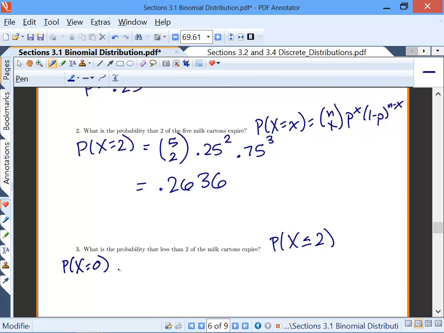So the probability for x equals 0, well I say, okay, I have 5 milk cartons. I need to choose 0 of them. The probability of expiring is 0.25, and how many do I want to expire? 0. Probability of not expiring is 0.75, and I need 5 of them to not expire.